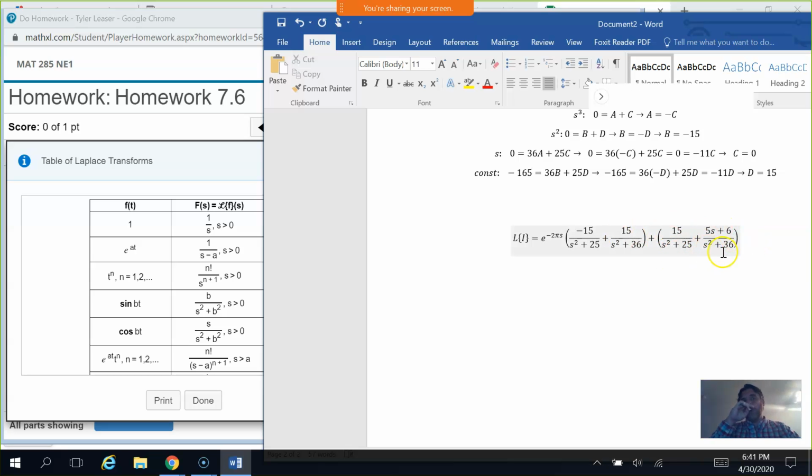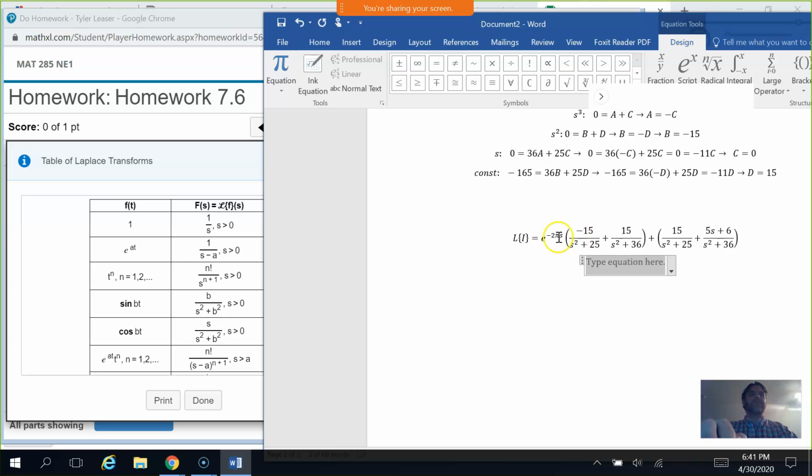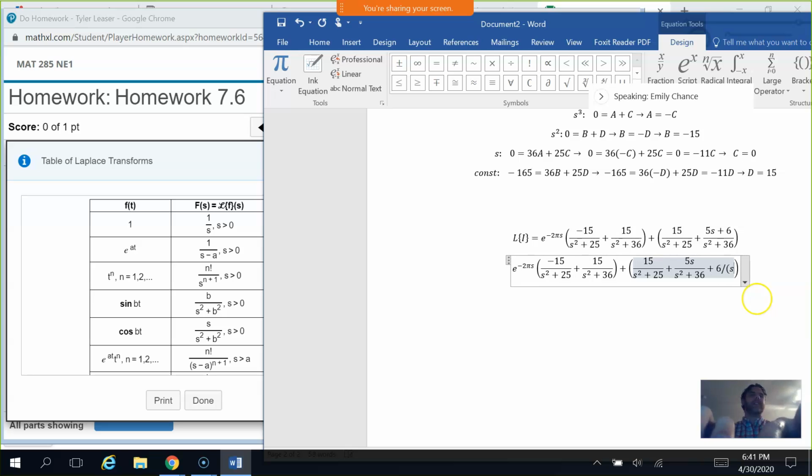This one isn't quite a sine function, but what we can do is break it up into two separate ones. One that has the 5s up top, and then one that has the 6 up top. So just to rewrite this whole thing, but breaking up that last one because it needs to be broken up. We're going to leave the first one to be 5s over it, plus we're going to have a 6 over it. Now this one is going to be a cosine one, this one's going to be a sine one.